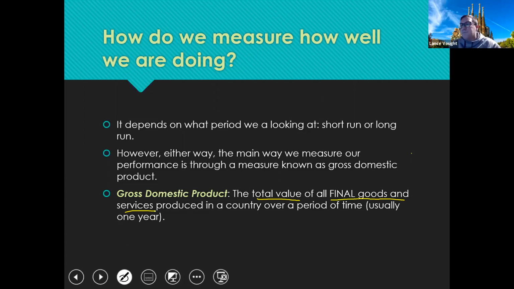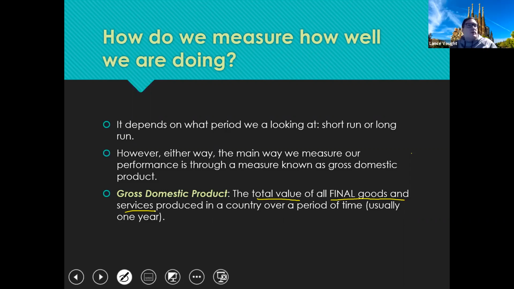But basically, we're taking the value of all of the goods and services that we determine to be a final good or service. So instead of just giving you a long laundry list or Excel spreadsheet of all the stuff that was made in America this year, we can aggregate all the values of those things that we produced and sold, or didn't sell, it doesn't have to be sold, produced in the country, and convert it to a specific variable in terms of dollars.